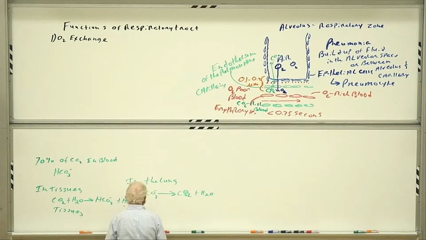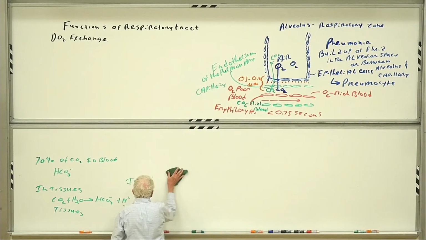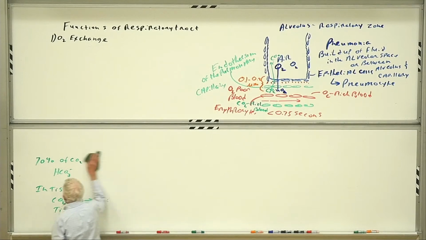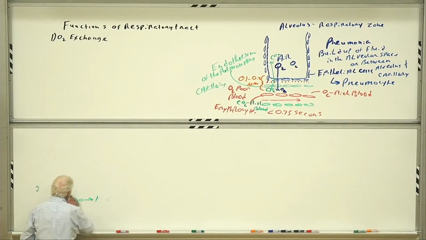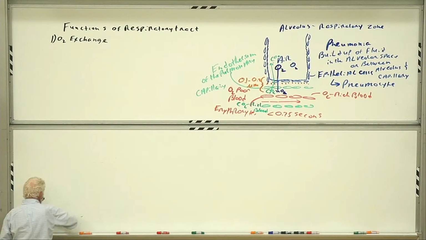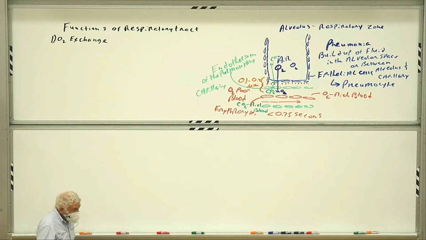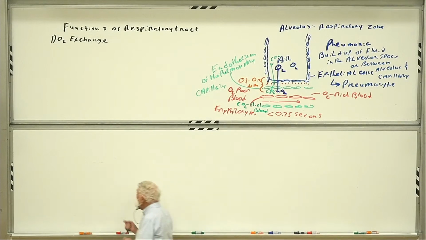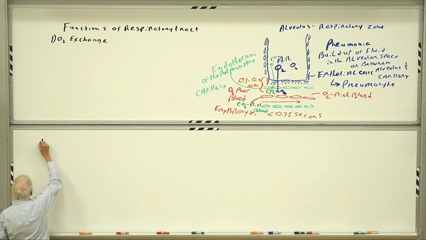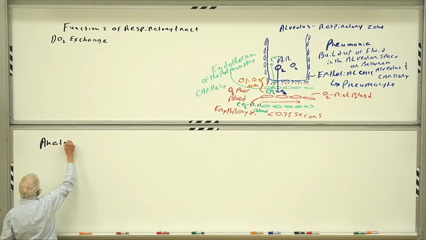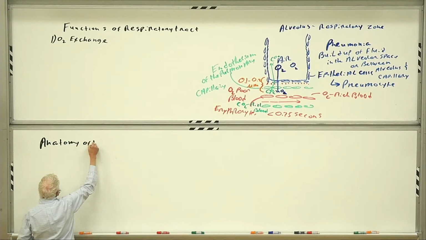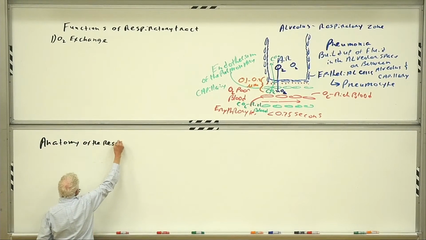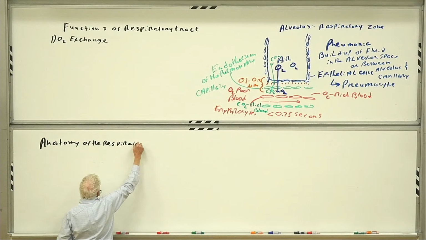Okay, let me get rid of this then. And now let's talk about the anatomy of the respiratory system. So we'll just take this portion of the board and label it as anatomy of the respiratory tract.